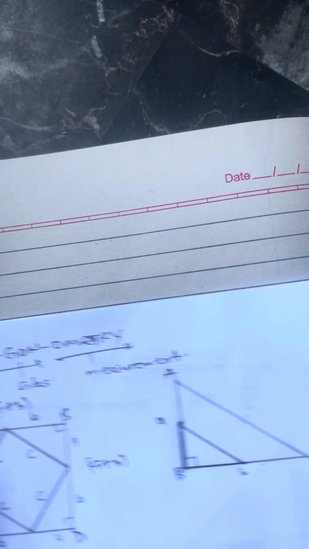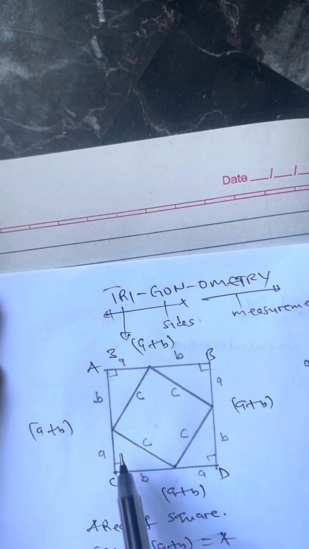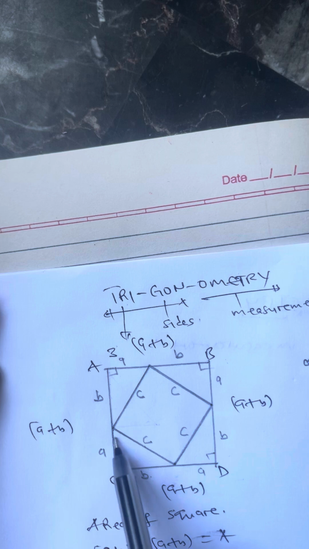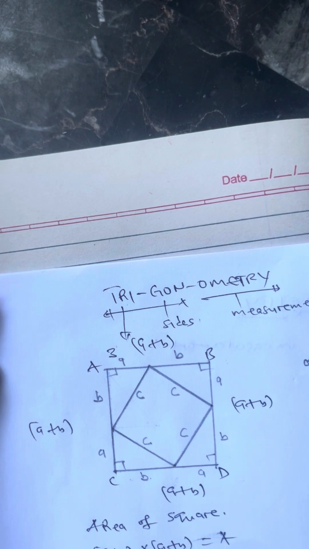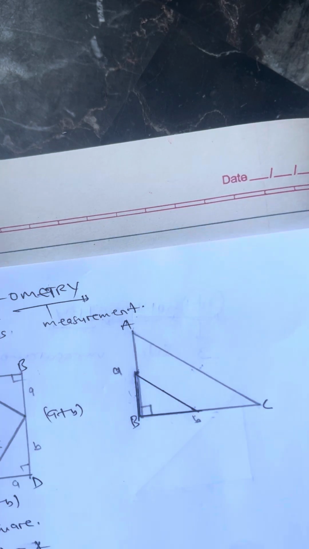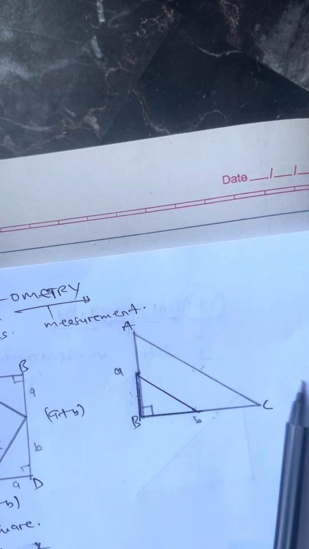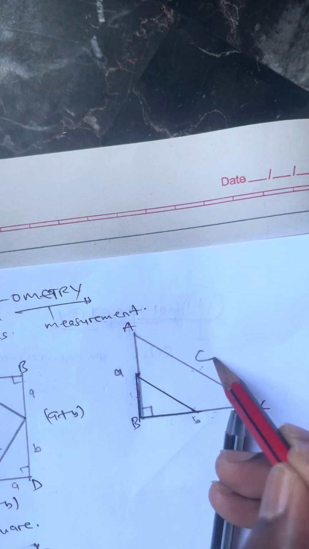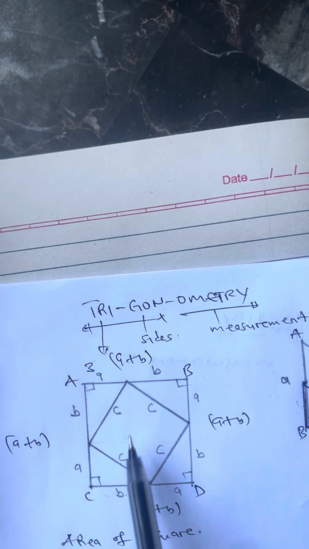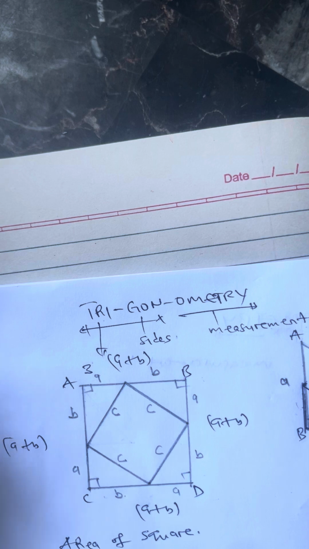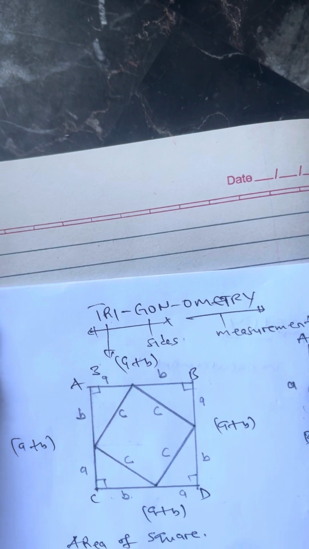Let us see this figure here. This is our right-angled triangle of concern. Here is B, here is A, and here is C. Let's say this is side A, this is side B, and this is side C. Now I arrange four right-angled triangles.